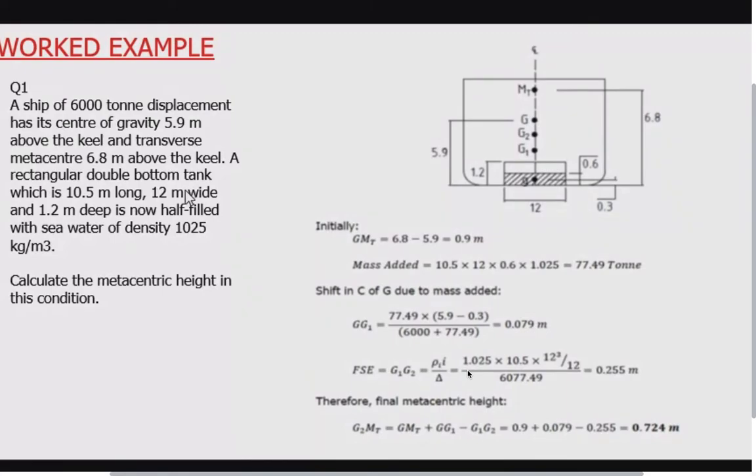Okay. You see, we have the width here. The depth from here to here was 1.2, was it not? And we filled it halfway. So 0.6 plus 0.6 gives us 1.2, right?